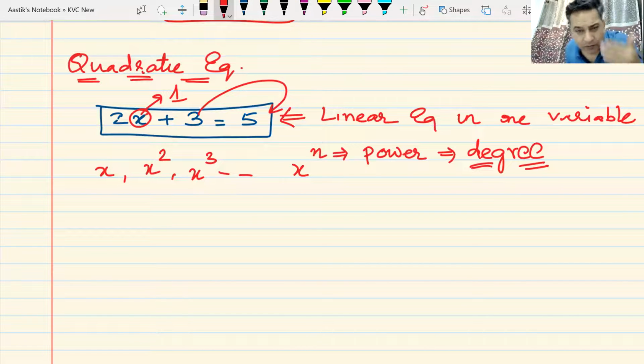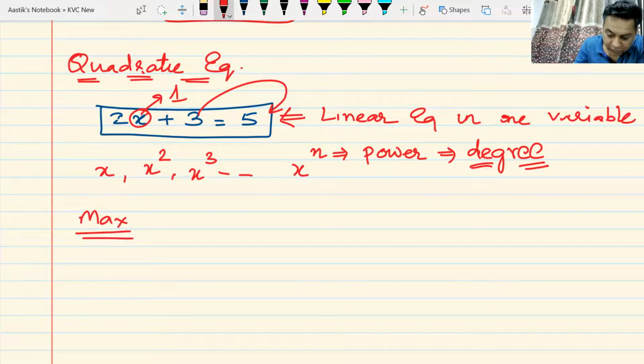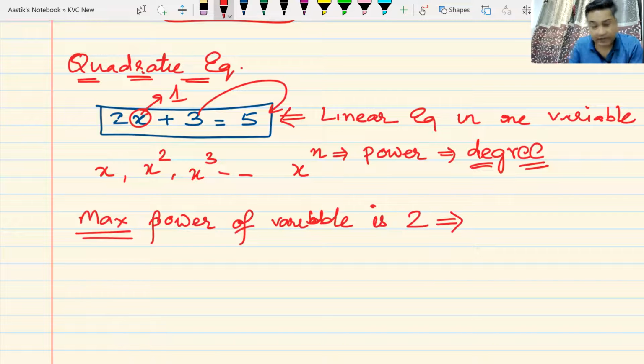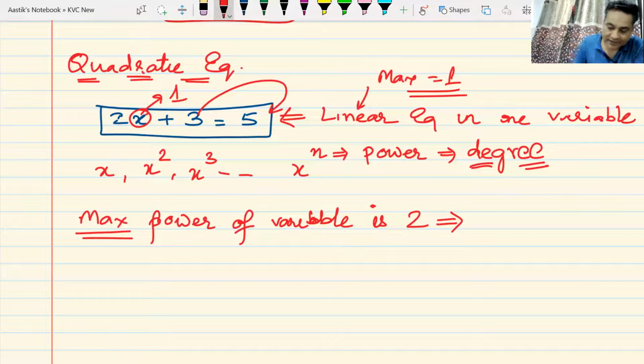the maximum power of x, maximum, not the minimum, the maximum power of the variable, and when I say variable, I mean x, y, z, whatever. If the maximum power is 1, that equation is known as a linear equation.